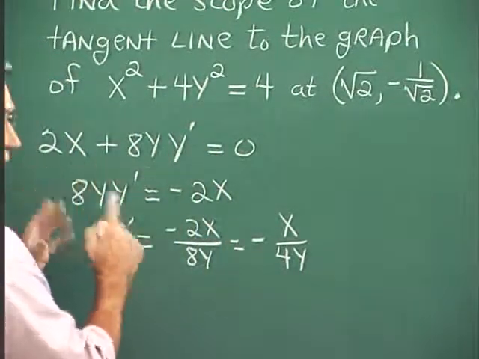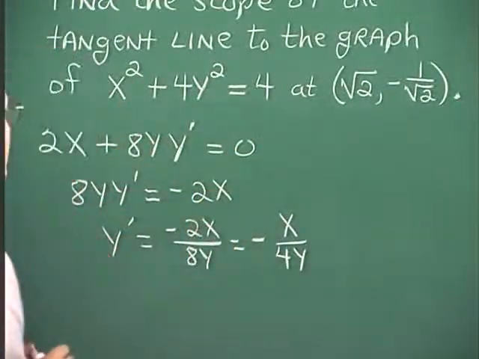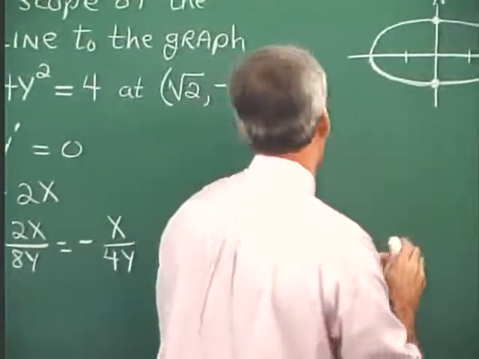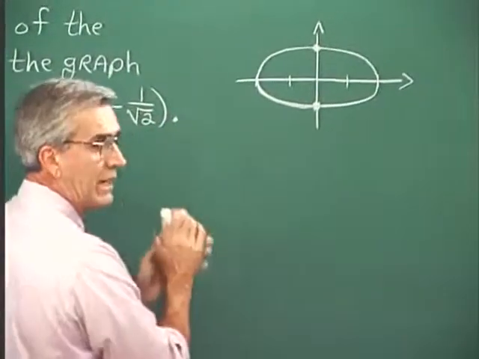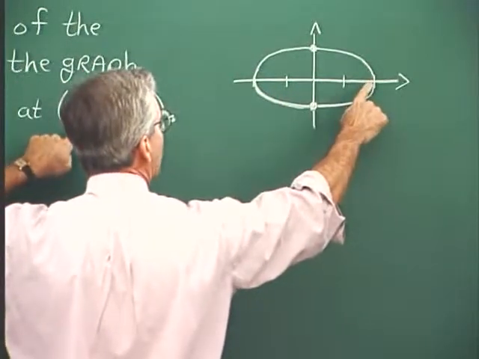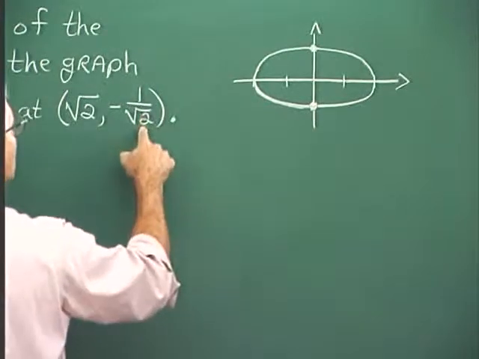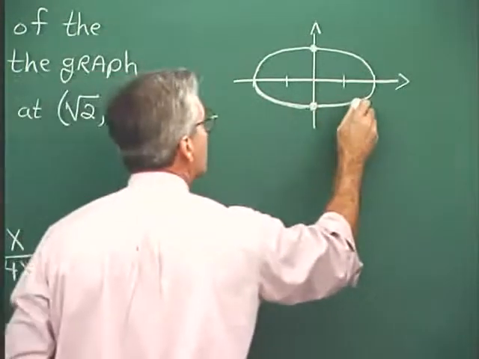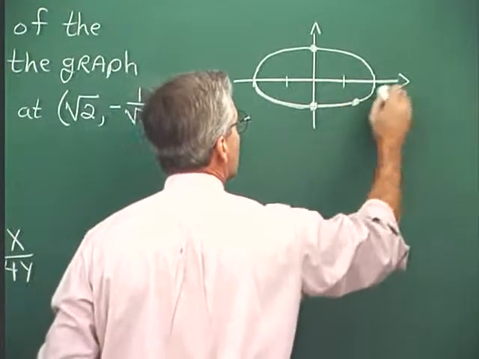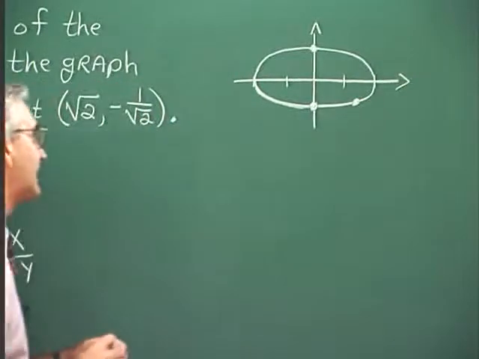We know that we have this a and b involved in it and so on and so forth. But at any rate, the graph looks like this. And let me talk just a moment about the nature of this point, what we might expect for slope. The square root of 2, out to the right, that's a little more than 1, a little less than 2. And negative 1 over the square root of 2 just pops that value onto the graph, roughly in this position, so the slope of the tangent line will be a small positive number. That's what we're expecting anyway. Let's see what we get.